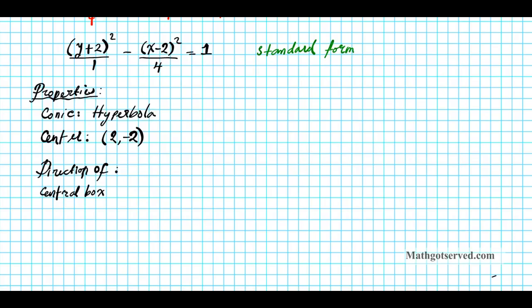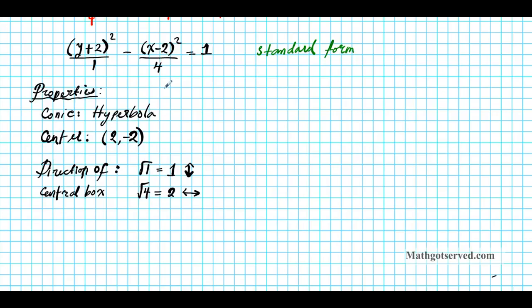Okay, so underneath the y squared quantity we have 1, so we're going to do the square root of 1, which is 1. So we're going to go up and down 1 unit, and then square root of 4, which is 2, is underneath the x, so the central box goes side to side. Now, which of this is the real and which is the imaginary axis?